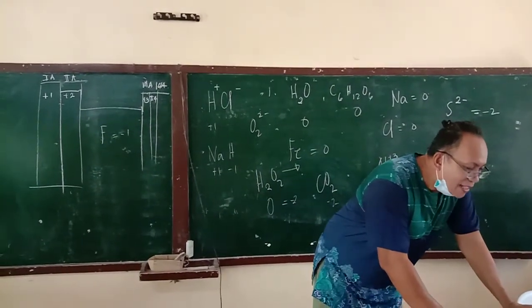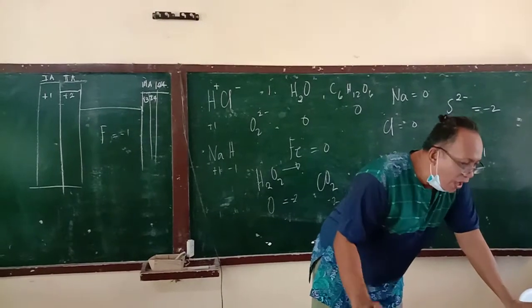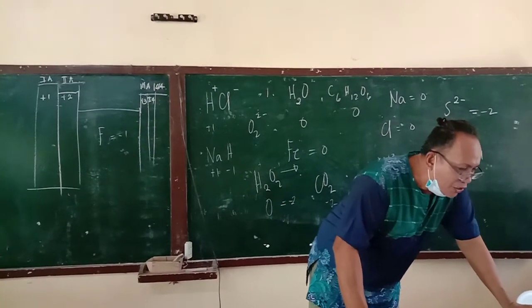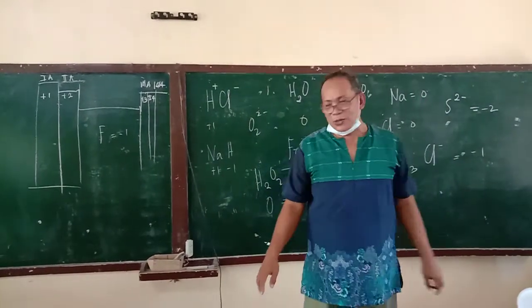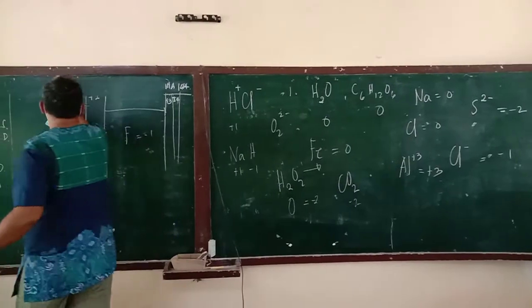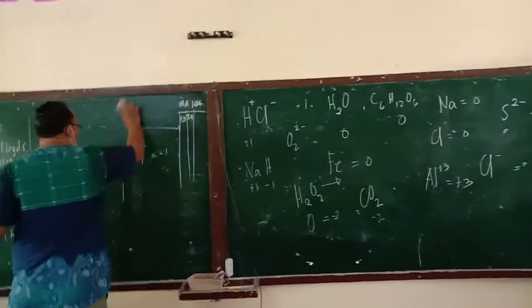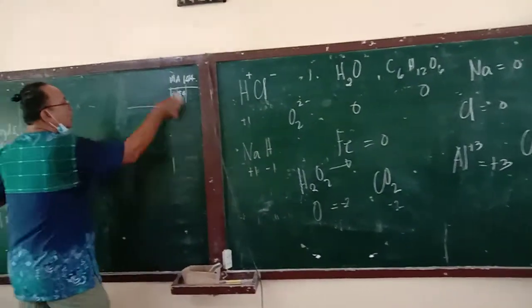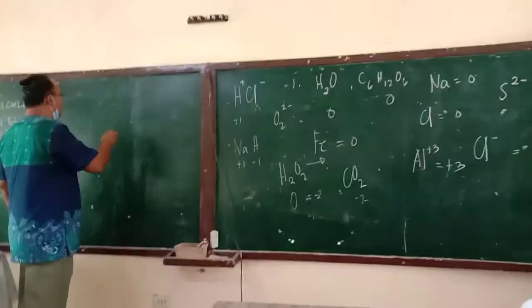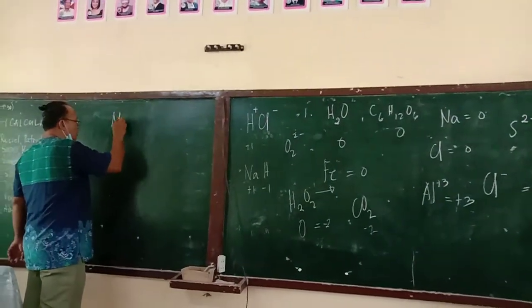Next, the sum of all oxidation numbers of all atoms in a neutral compound is 0. For example, sodium chloride.